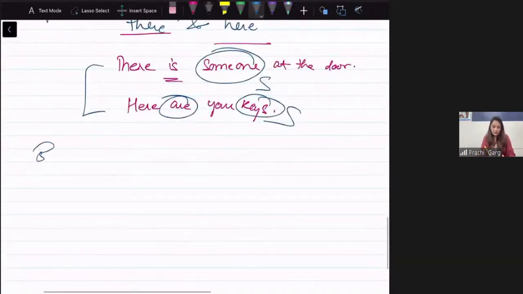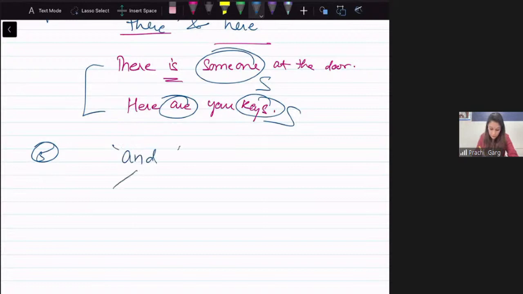Okay, next rule is, if two subjects are joined by and, they typically require a plural verb form. Now that we have started talking about words joined by and, there are 3 different rules to it.